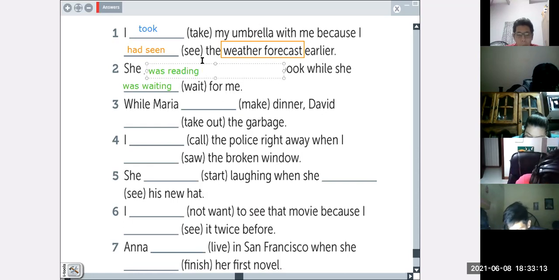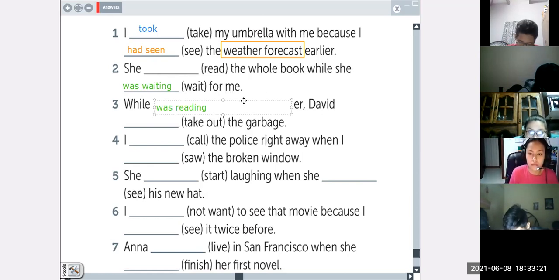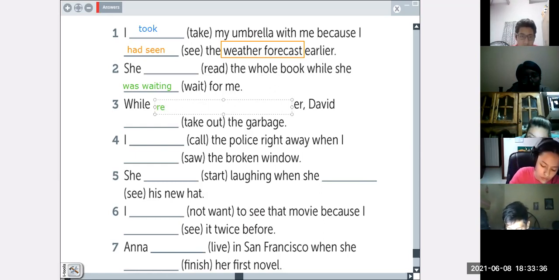Okay. A ver, vamos a ver. She, the whole book while she was waiting for me. No, porque si se da cuenta dice the whole book, entonces significa que ya terminó esta acción. Si no hubiese terminado todo el libro, sí podría ser was reading.